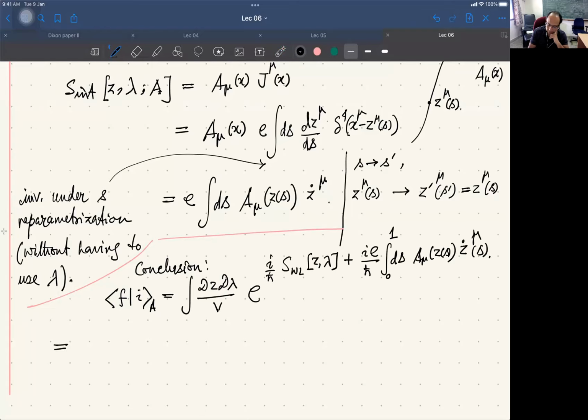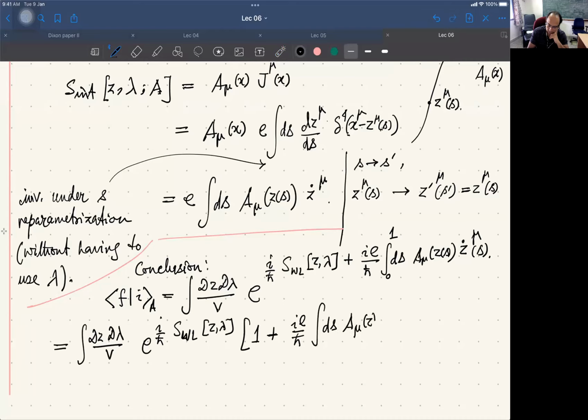If you expand this part of the exponential, it can be written as the integral Dz Dλ over V, e^{(i/ħ) S_worldline[z,λ]} times (1 + (ie/ħ) ∫ds A_μ(z) ż^μ + and so on).